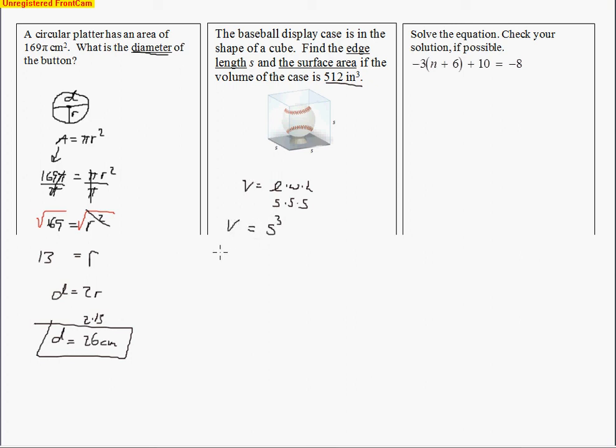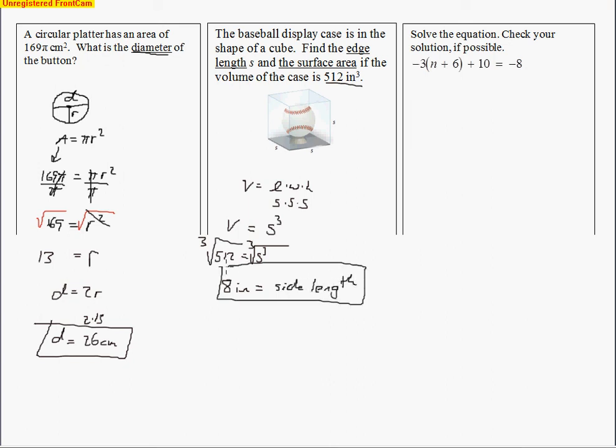And so I know the volume is 512, and so it equals S to the third. So I'm going to take the cubic root of both sides. And so the cubic root of 512 is 8. So 8 inches, that's what the length of the side is. So this represents the side length.